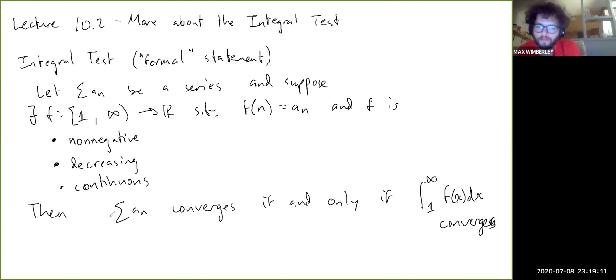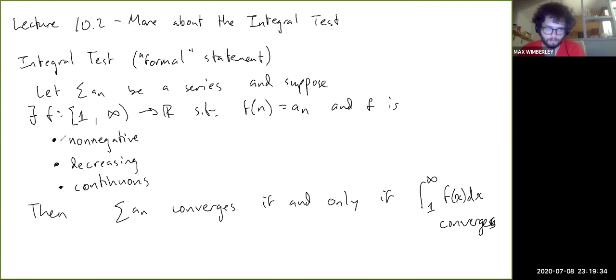And remember, I can't emphasize this enough, that the value of the series, if it converges, is not equal to the value of the integral, okay? They are not equal, all right? In general, they are absolutely not equal. I mean, they could be in some weird cases, but in general, they're not.